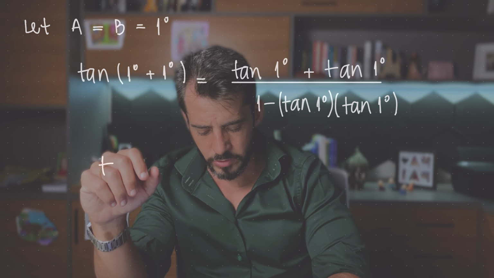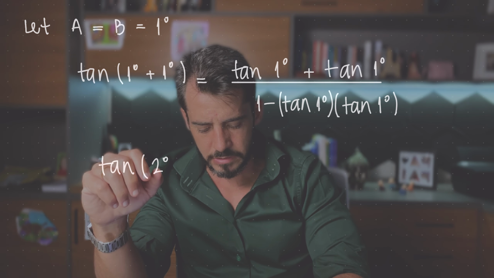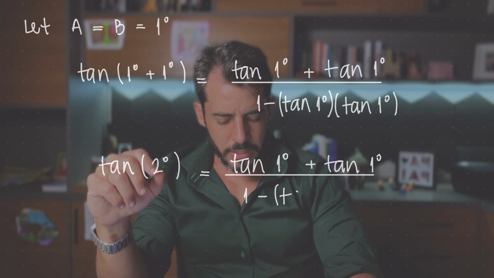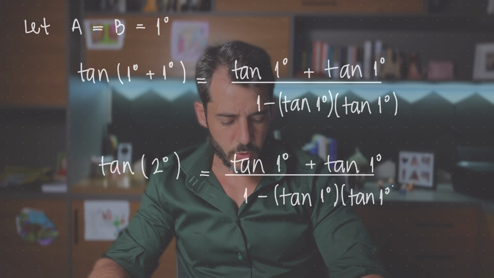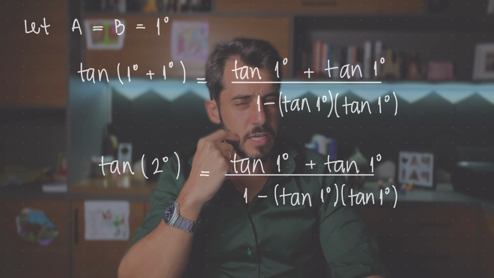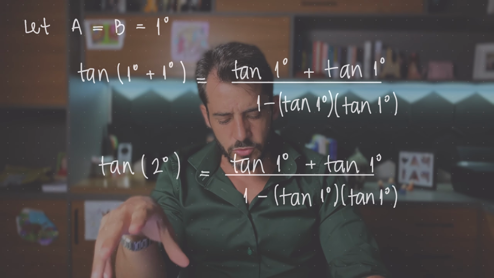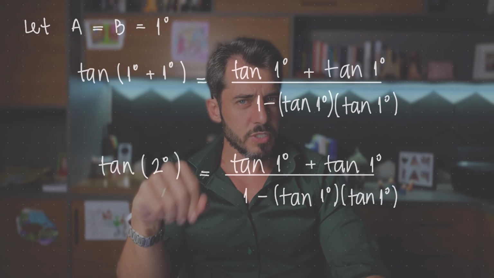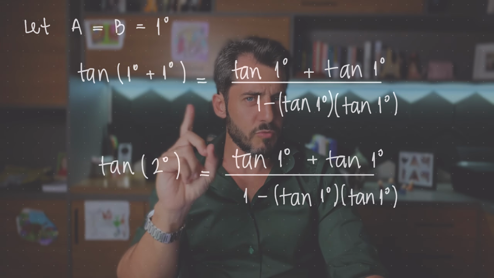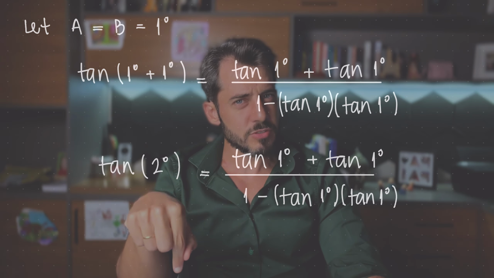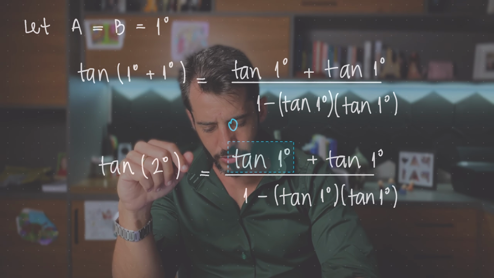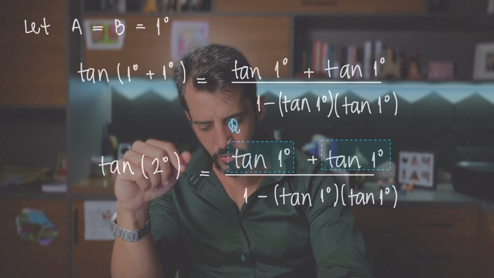So we have on the left tangent of 2 degrees equal to tan of 1 plus tan of 1 over 1 minus tan of 1 times tan of 1 again. Now we did assume that tangent of 1 degree is a rational number, so let's substitute tan of 1 by p over q. However, we can already affirm that if tangent of 1 is rational, well, then tangent of 2 is a rational number as well, due to the fact that we have a rational number here, which shows up over here as well.